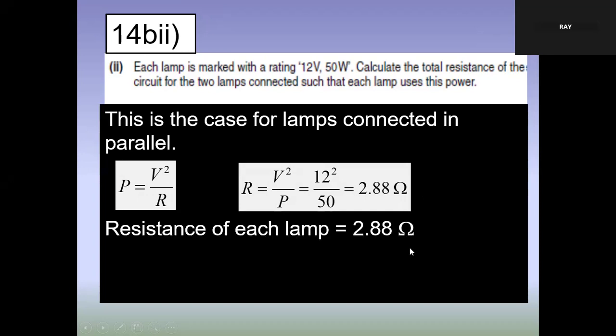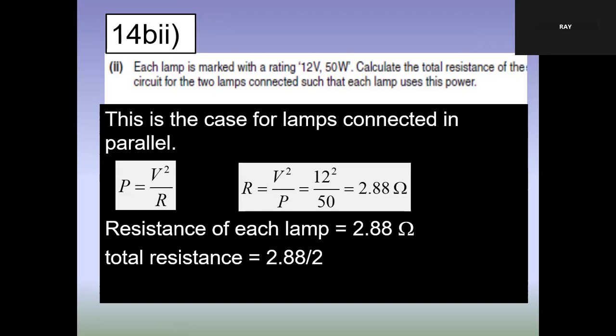I thought the formula is P equals IV. Say again. I use P equals IV, to find the current.